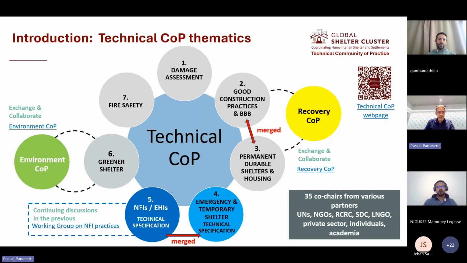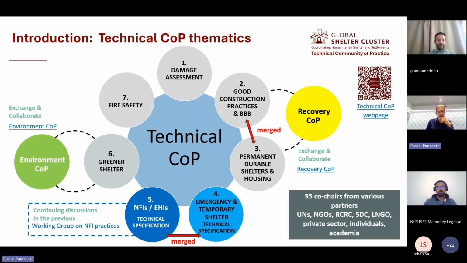And for this thematic, the same, we had to merge because we didn't have enough volunteers to join the committee. So we have merged NFI and emergency temporary shelter, and what is important, as you can see, there was previously a working group already on NFI practice. So it's really the continuation of this working group, which has now been integrated into the technical committee of practice.